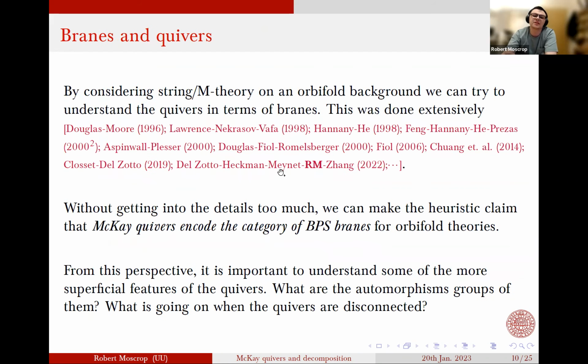So this is exactly what was done by all of these people and many, many more. I apologize if I've missed a reference. It really was more about looking at string theory on these backgrounds, looking at what happens when you do these blowups, and then you see branes wrapping certain things. We won't go into too much detail because I could spend another hour talking about these things, but it should be known.